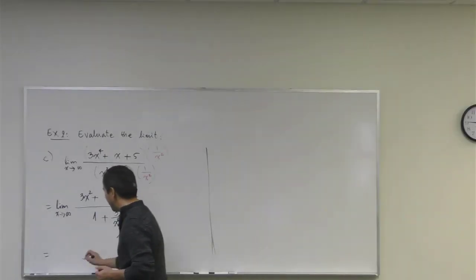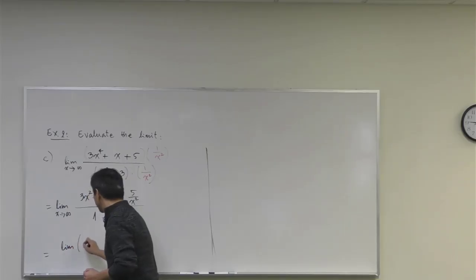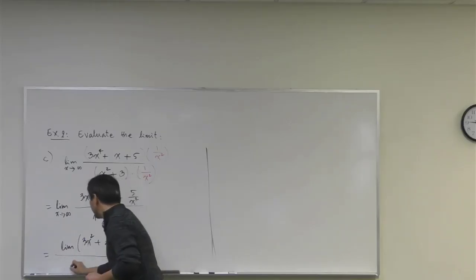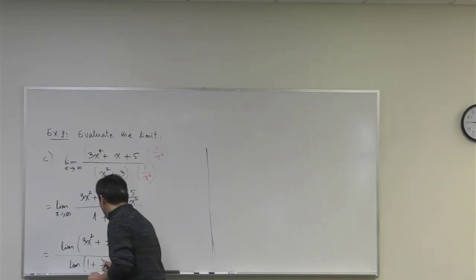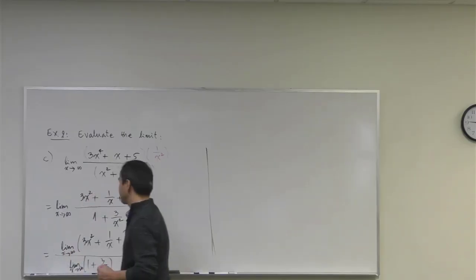Yes, we can now apply the basic limit law. It says we can have the limit of the 3x squared plus 1 over x plus the 5 over x squared right there, and then divided by the limit of 1 plus 3 over x squared, when x goes to infinity.